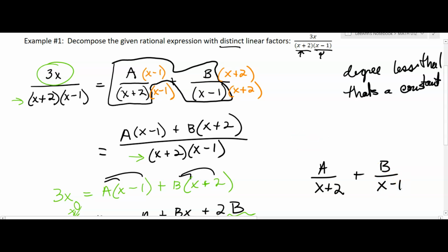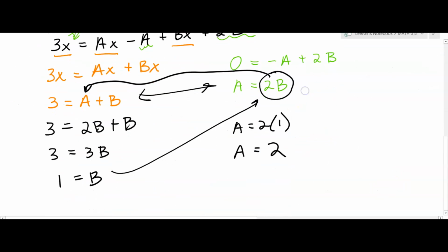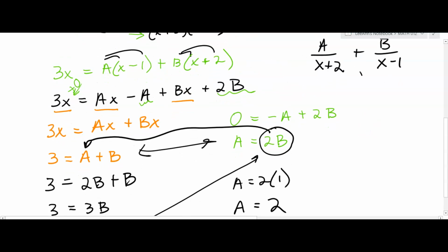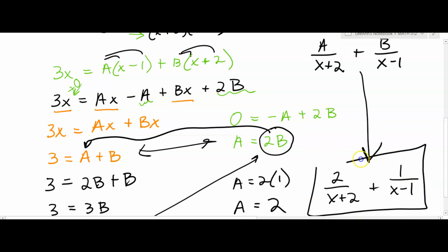That was our setup, right? But now we know what a and b are. So, well, you can't see it anymore. Let's see if I can squeeze it in here. What did we say a was? 2. So 2 over x plus 2 plus, and b was 1, right? 1 over x minus 1. That is the partial fraction decomposition.